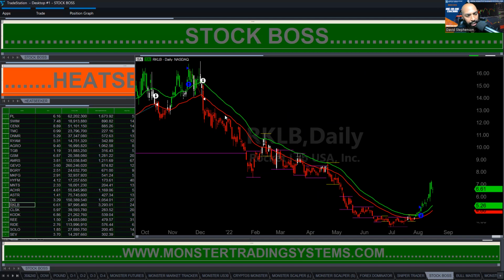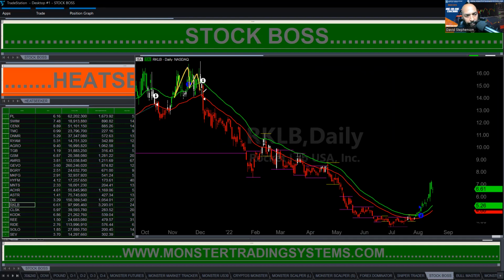Good markdown phase. A bit choppy in here, but we'll take this. You might get some resistance in here, but much better price action.